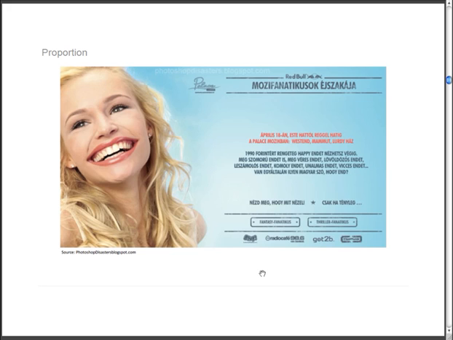Sometimes proportion is ill-used, and this is one of those situations. The mouth has been photoshopped into the smiling woman, and it's probably her original mouth. It could very well be, but it is incredibly out of proportion.